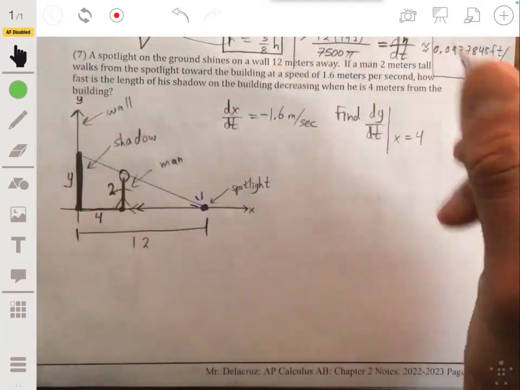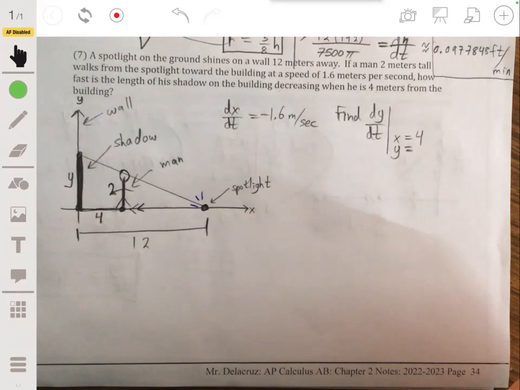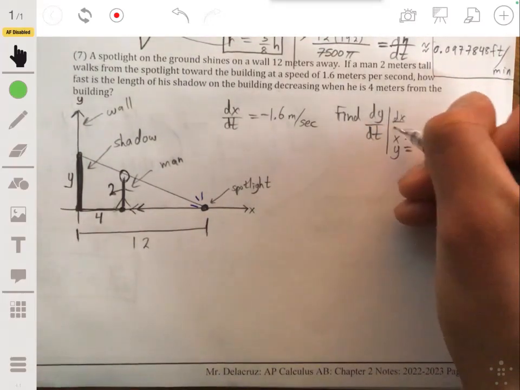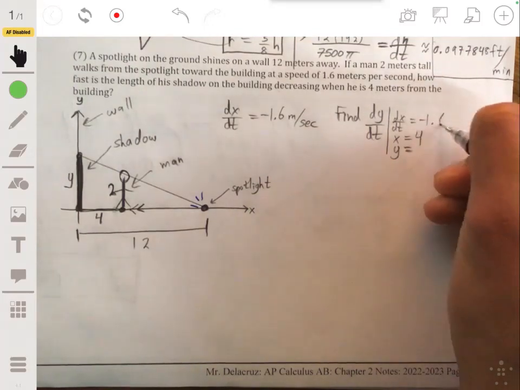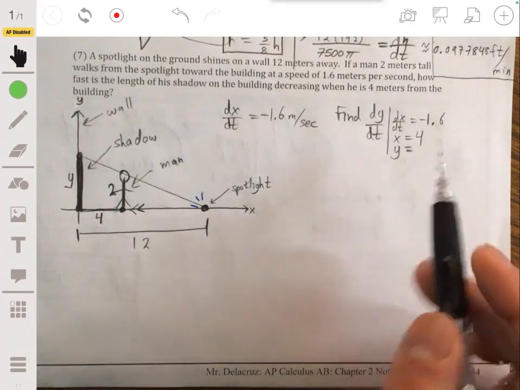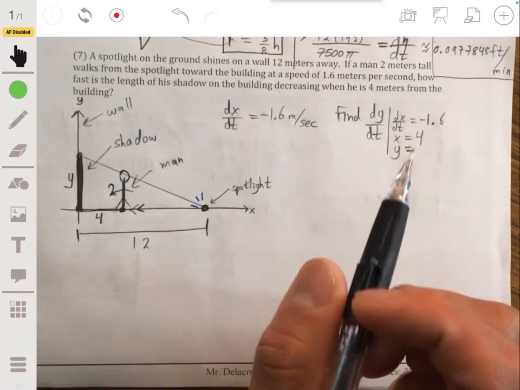now we need to find a value for y. When x equals 4, y equals something, we're going to need to solve for that, and dx/dt is negative 1.6. Okay, so let's find a value for y, and let's find a way to relate x and y, and dx/dt and dy/dt.